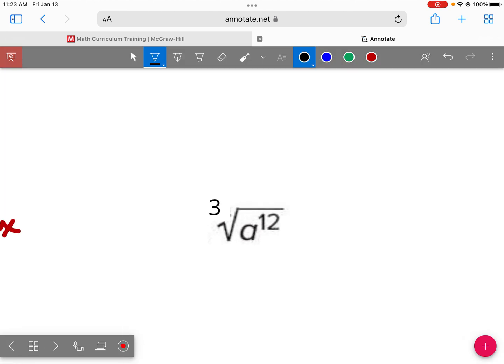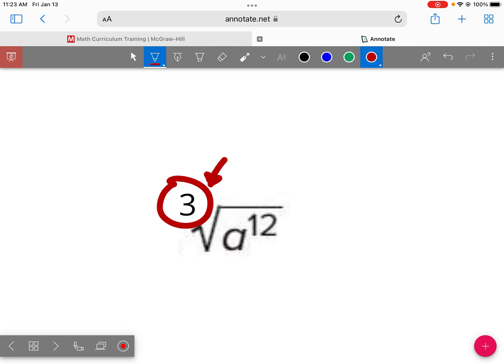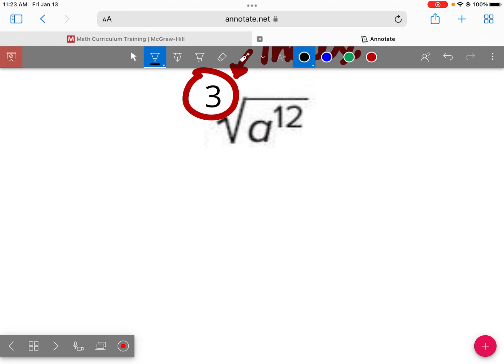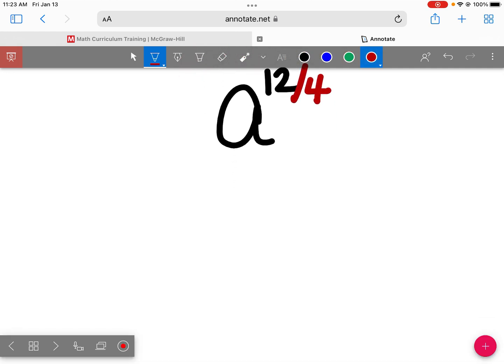What is my index on the second one? 3. Why does that matter? What am I going to do with this? Divide the 12 by the index. I take 12 divided by 4 and I get what?